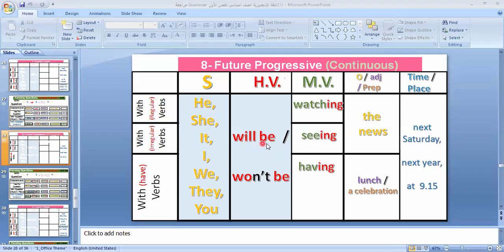It will be: will be seeing, will be watching, will be having. This is called the future progressive. What are the keywords that I use in this tense? Next year, next Saturday, and anytime. Okay, all this is called future progressive or continuous. Okay, let's go to another one.